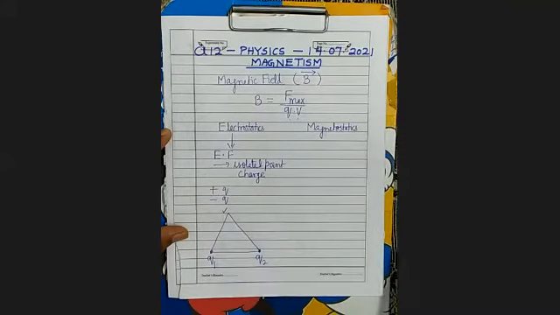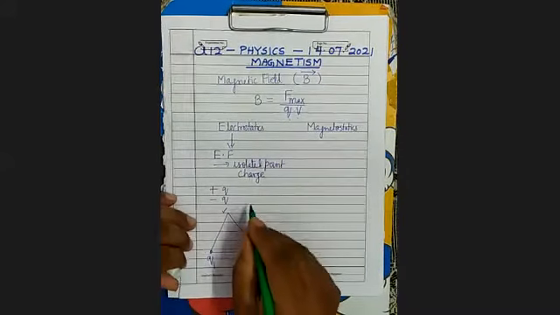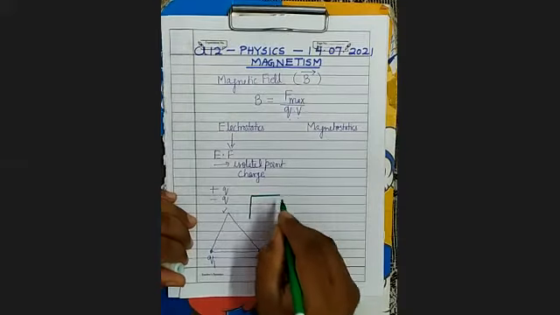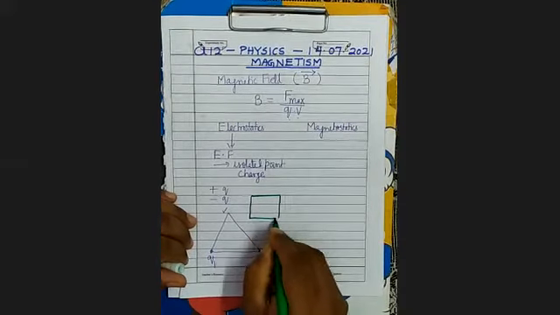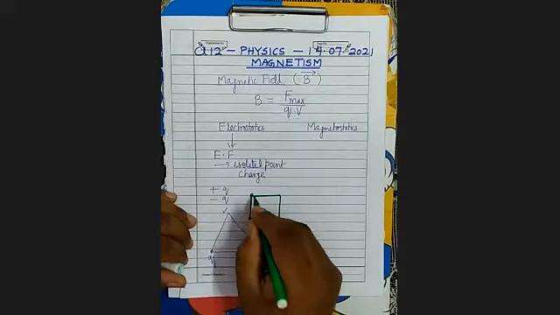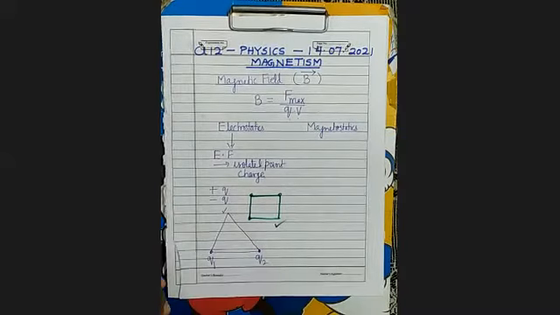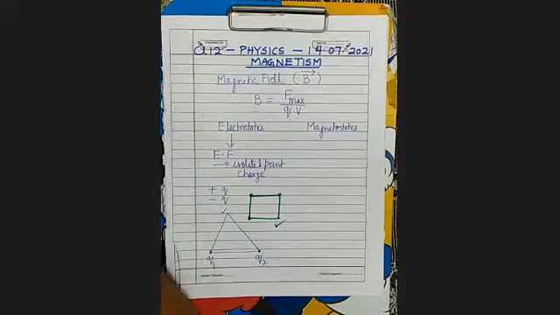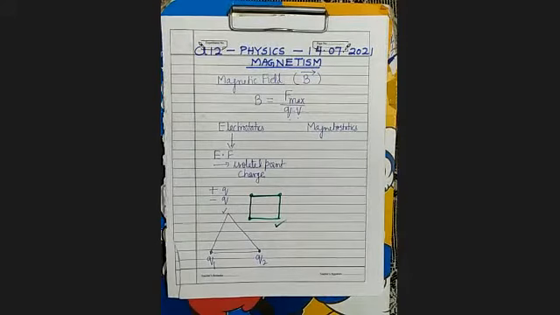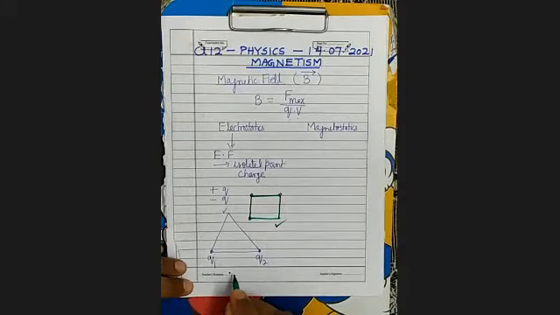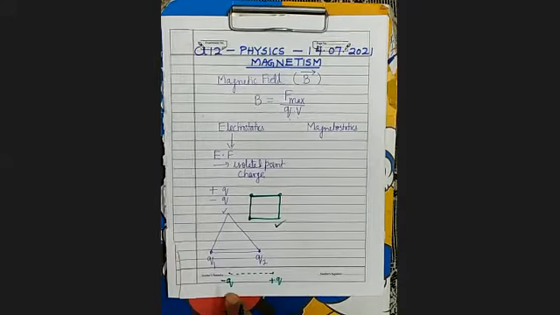Or you have studied a square or rectangle with three charges placed at its three vertices, and we have to determine the electric field at the fourth vertex. It's clear. You have also studied the electric field due to an electric dipole. What is an electric dipole? It is a system of two equal and opposite charges separated by a small distance.